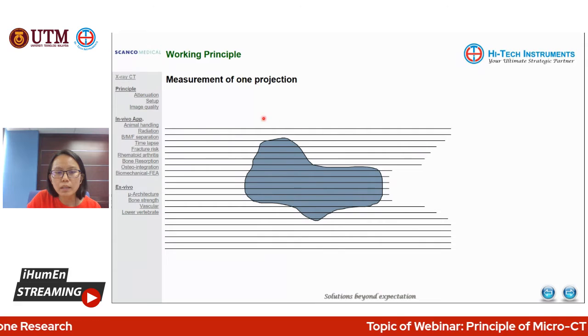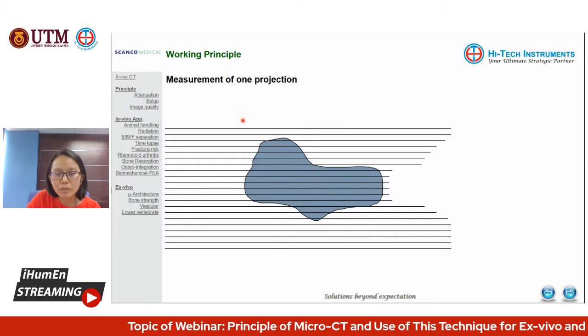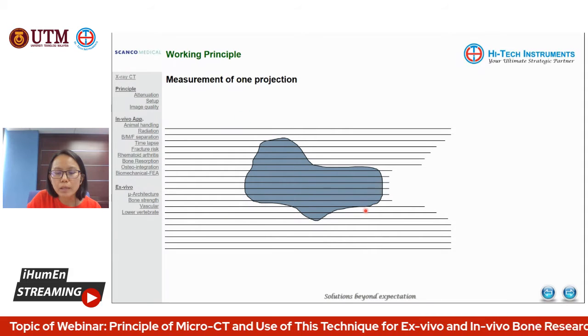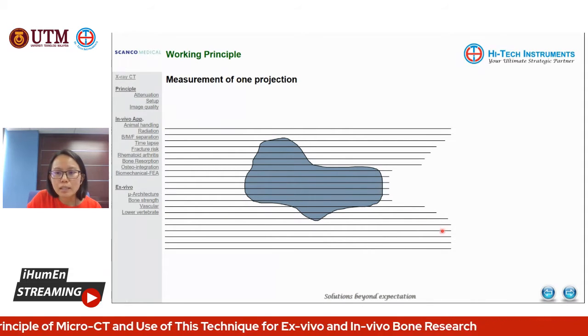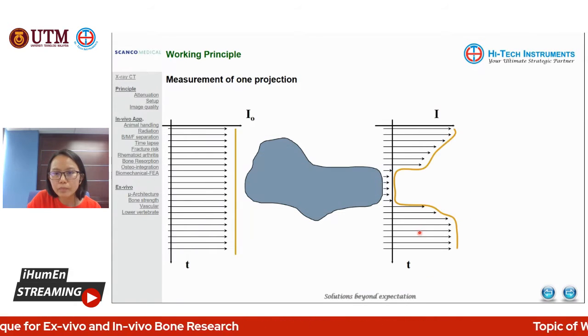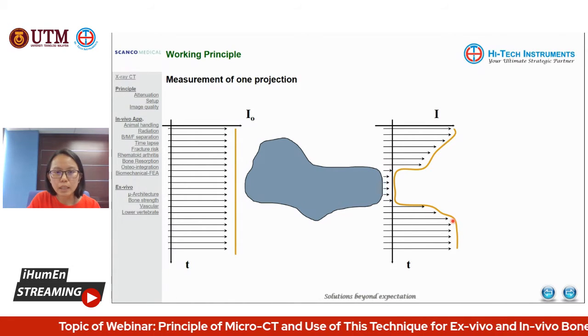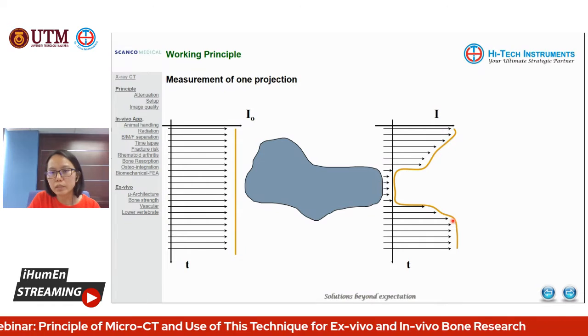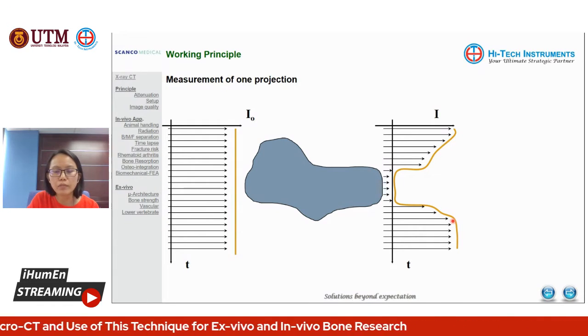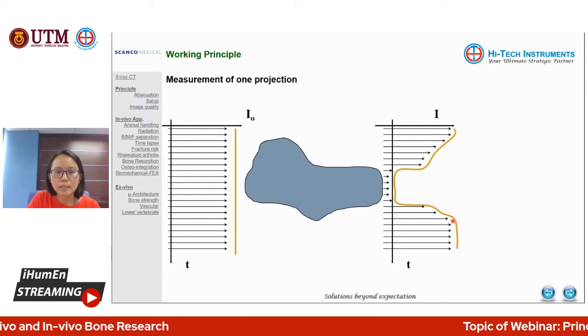Whereas the X-rays that penetrate through a thinner area, or penetrate through nothing, you can see that all the X-rays survive. From here, you get this illumination, or what we call the X-ray beam profile. It will be captured by the detector itself and sent subsequently for reconstruction to get the final slice image.